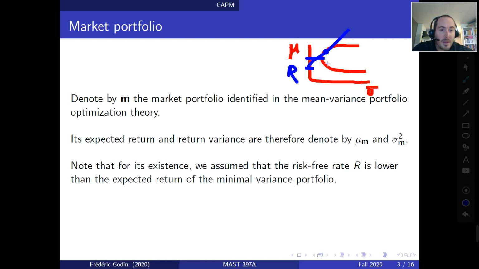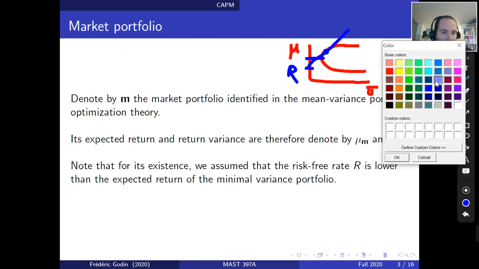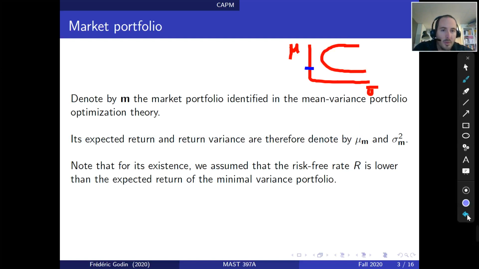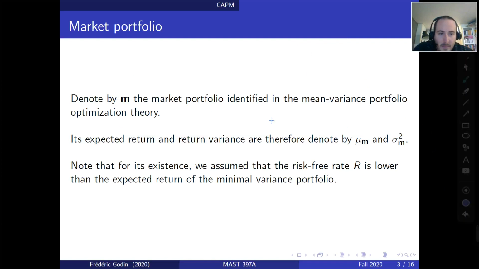The minimum variance portfolio is the portfolio just at the tip of the hyperbola. Its expected return had to be greater than the risk-free rate if we wanted a tangent line to exist. So we have the market portfolio whose weights are denoted by M, and its expected return and variance of return are respectively mu M and sigma squared M.